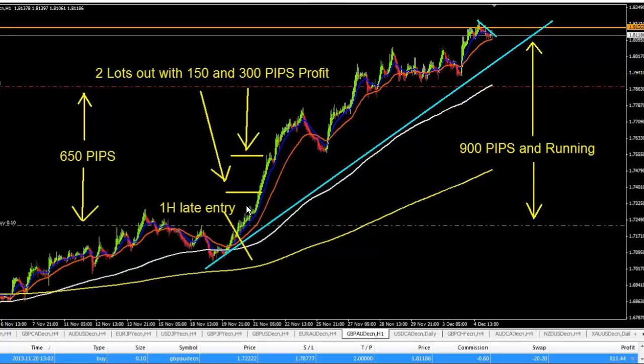And price moved up 150 and 300 pips, so like 450 pips for the first and second lot. 900 pips and running. So the last lot is in profit with 900 pips, and I see that you trade the stop to here, correct? Below that line in the 200 EMA on the 1 hourly chart.